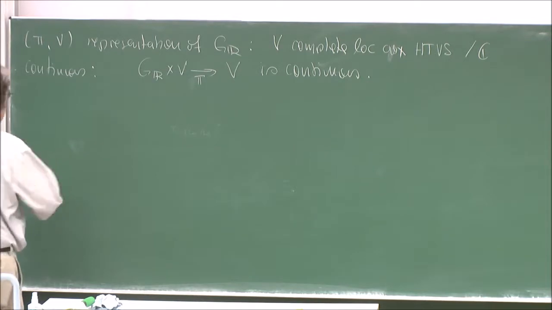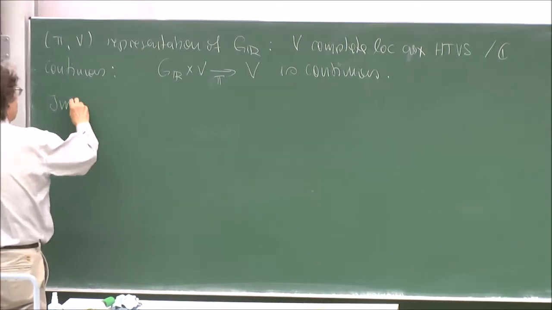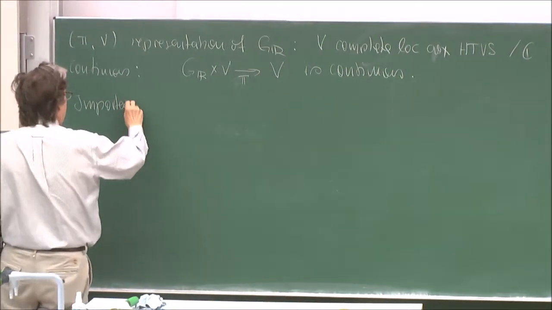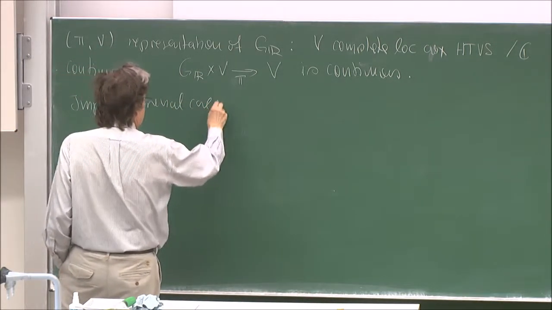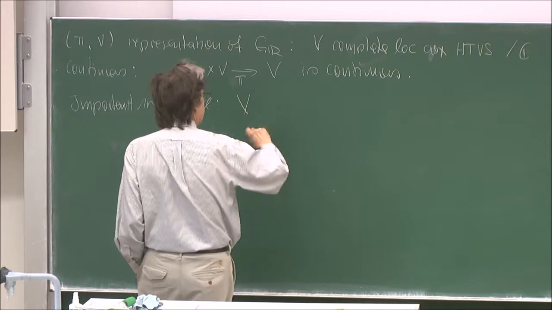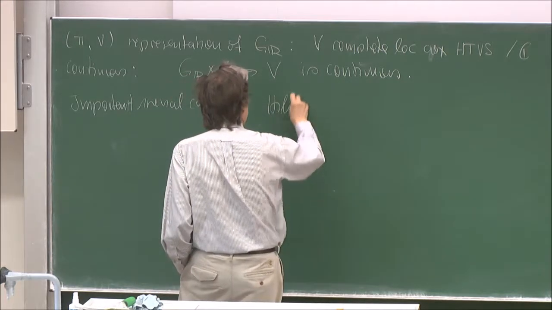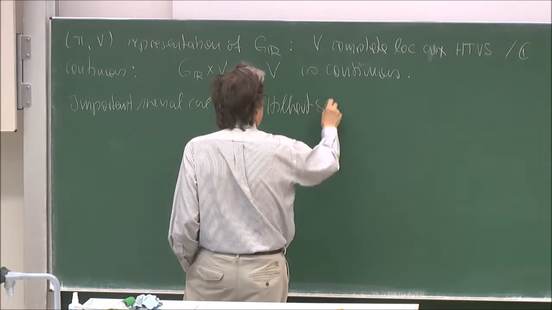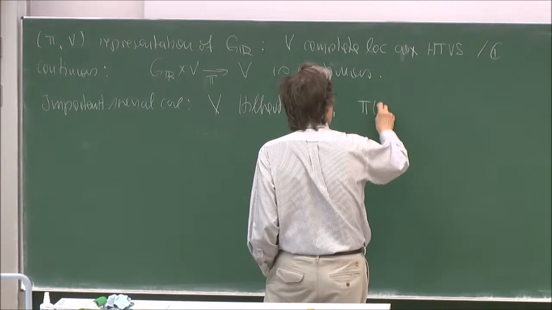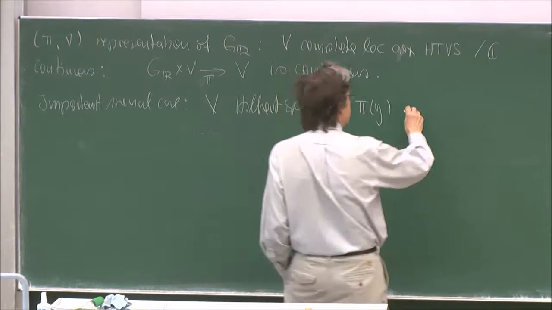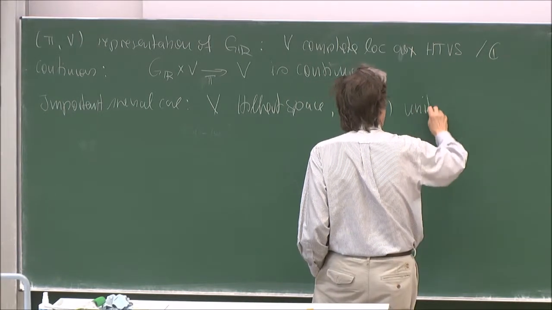And let's say a very important special case would be that V is a Hilbert space, and pi(g) for g in G is a unitary operator.